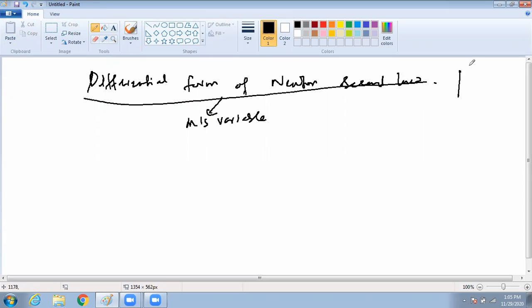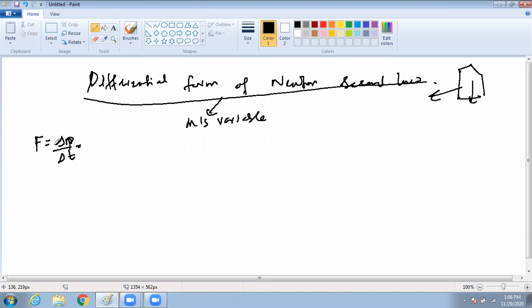That means for a rocket this will apply, because mass is changing for a rocket. So if somebody asks which law will apply for variable mass, then use the differential form. Here F is equal to delta P by delta T.